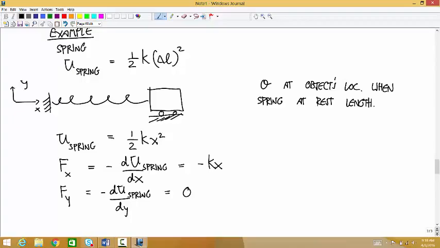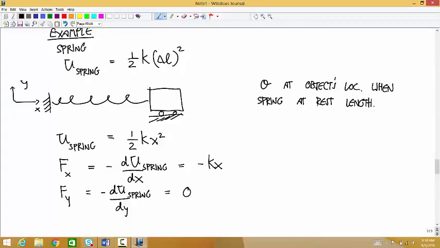So, okay, does this make sense? Think about the directions of these. Think about when x is positive, what's happening to that spring?